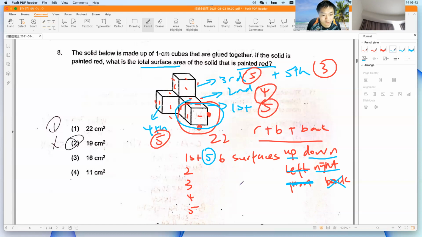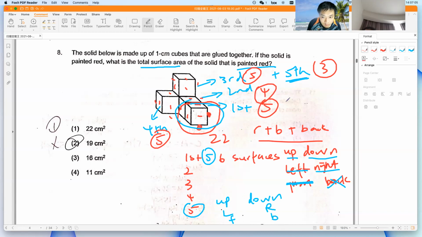Let me just do one more just to show you the way I do the question. So let's say for the fifth cube, which is the one that is hidden below. In total you have up, down, left, right, then front and back.